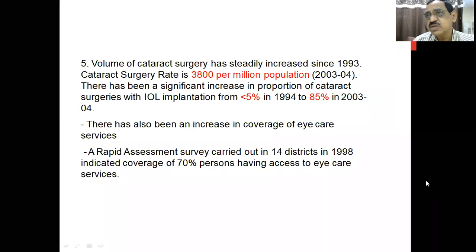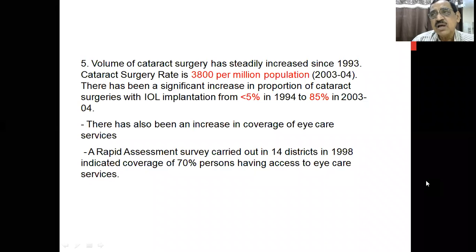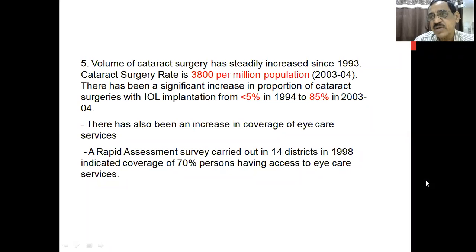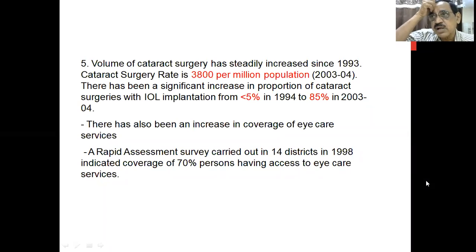So nowadays, in almost all cases, whether it is ECCE, small incision cataract surgery, phacoemulsification or laser-assisted phacoemulsification, we put in a PCIOL only. Even if the posterior capsule is not there, we try to implant in the posterior chamber itself by way of scleral fixation or iris clip lenses.